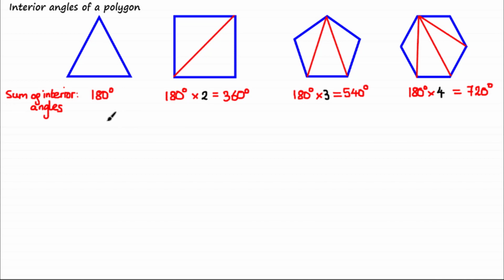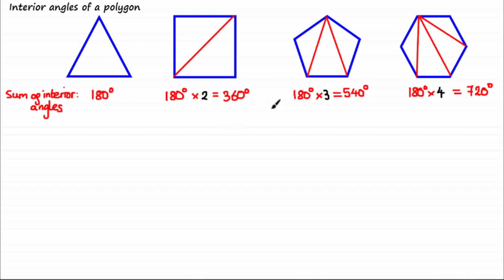Now you might have noticed a little pattern which helps you to calculate the sum of interior angles of the next shape. And by the next shape, I mean the shape with 1 extra side. So we started off with a triangle which has a sum of interior angles equal to 180 degrees. To get the sum for the next shape, we simply add 180 degrees. 180 plus 180 is equal to 360.